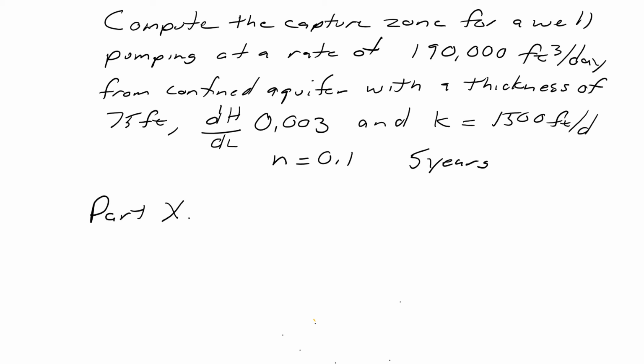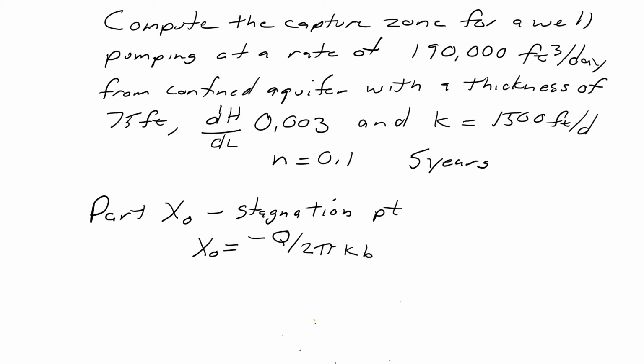So part one, x naught, which is the stagnation point. So how far down gradient does your capture zone go? Well, going back to the equation I gave you on the previous page, negative Q over 2 pi K B dh/dl.